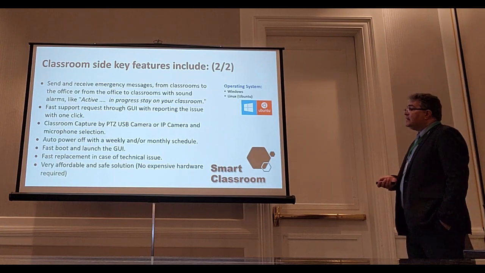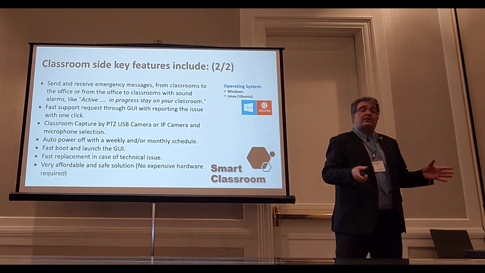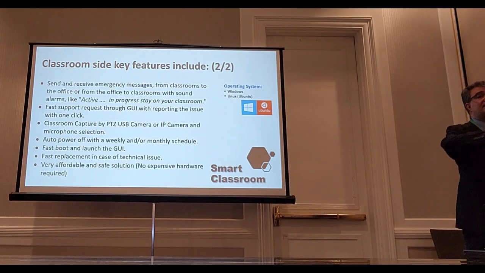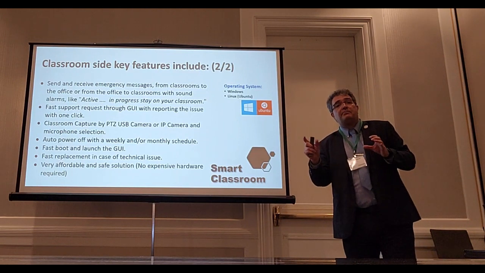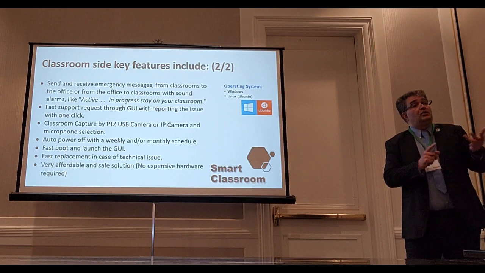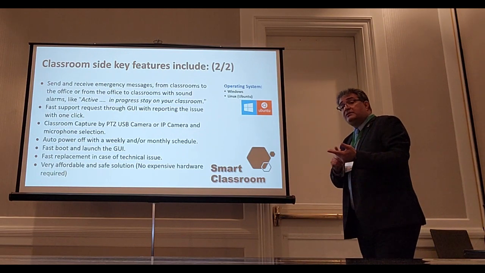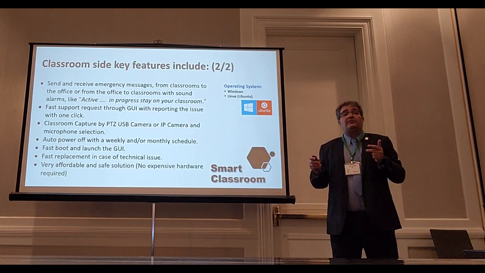Okay, another thing is that all the devices are modular on your side of the classroom. It's not one huge device. You have all the devices separately, like your USB hub, and you have your HDMI switcher separately.